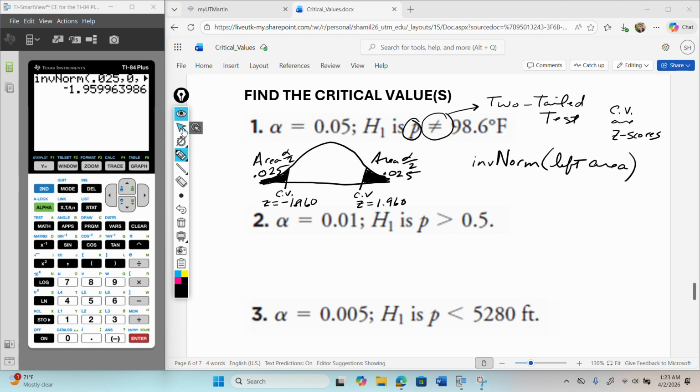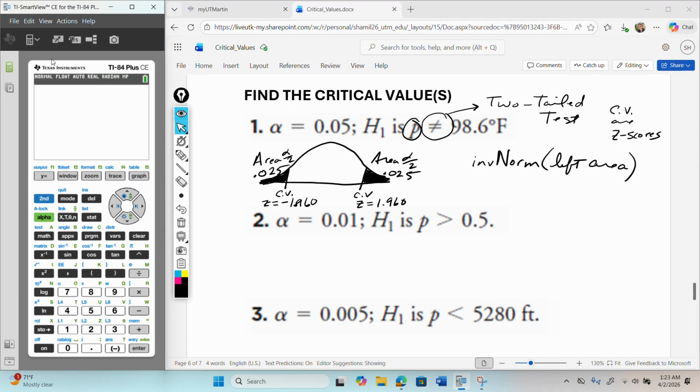So if you have a CE model, then it's the same second vars, and we come down here to inverse norm. And you can see that you can actually have a choice when you have a CE model, but the default when you start off is left area. So again, the left area is 0.025.